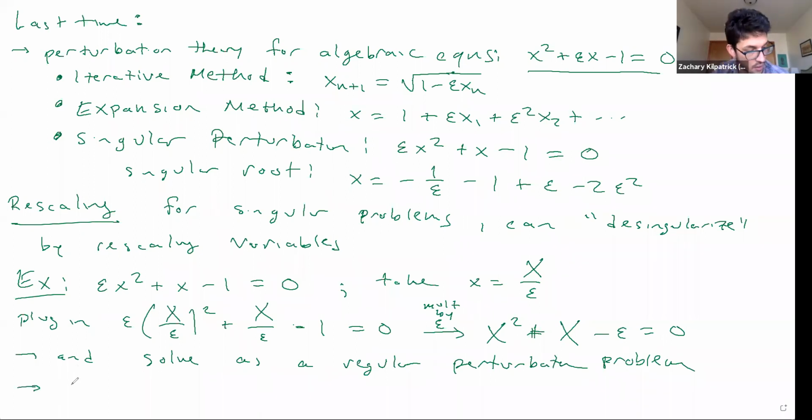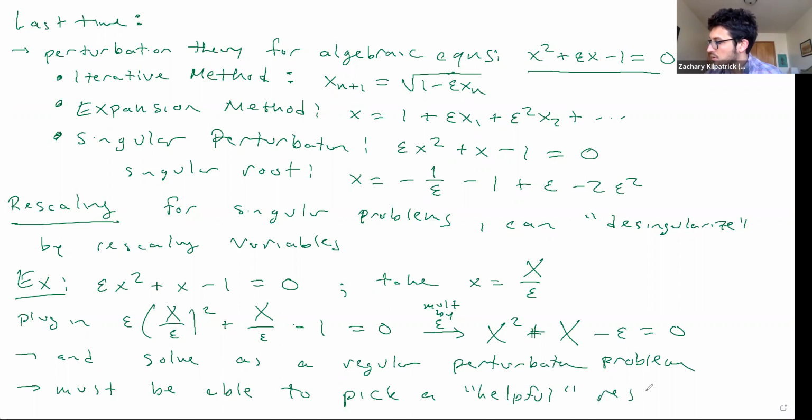So it's important to note that you must be able to pick a helpful rescaling. Now, in practice, you can do this by guessing.